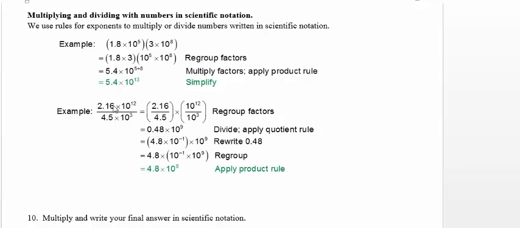Now let's divide 2.16 times 10 to the 12th by 4.5 times 10 to the 3rd. I'm going to regroup the factors. I'm going to put the numbers together and the powers of 10 together. And then I'm going to work accordingly.